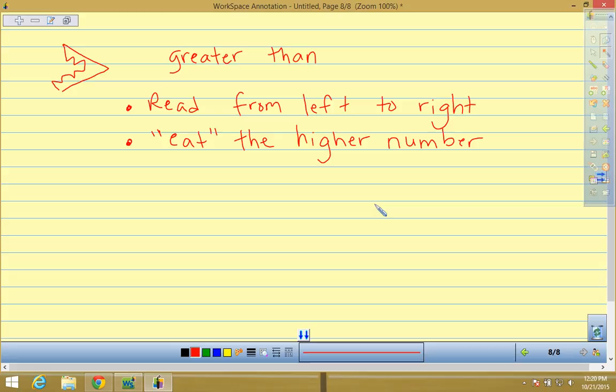Now, when we're reading it, so to start off, without looking at the decimals, just looking at how to read the signs. So the open mouth is always open to the larger number, okay? So the way that we would read this is 5 is greater than 3.